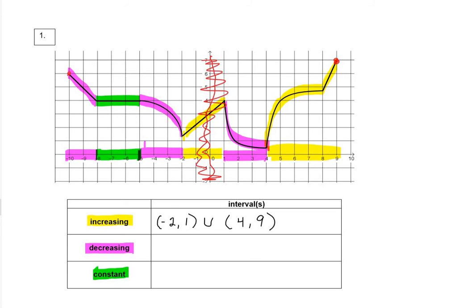So again, reading from left to right, I'm going from -10 to -8. I skip over the green part, and then I union that with -5 to -2. And then I skip over this yellow part, and then I union this with 1 to 4. And the interval that's constant, that's highlighted in green, is from -8 to -5.